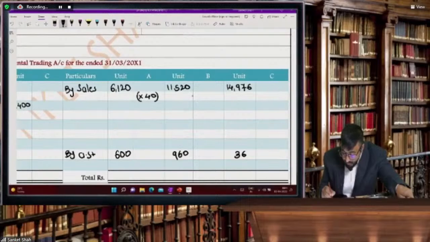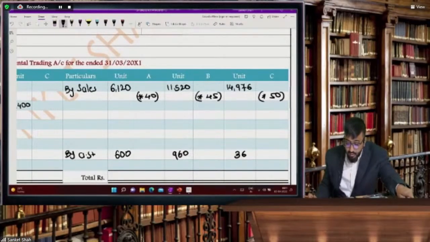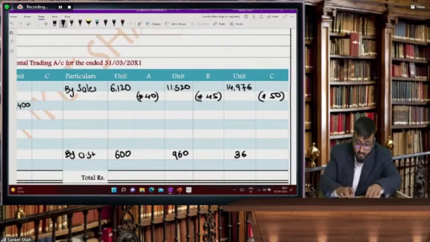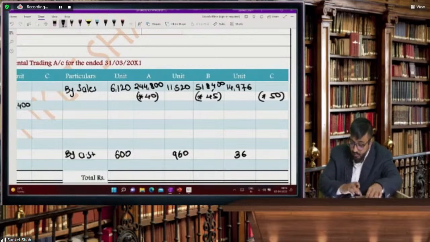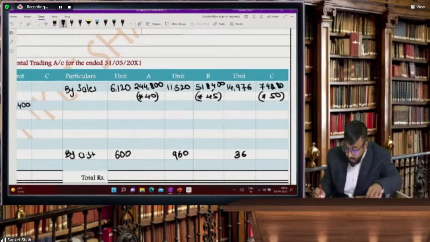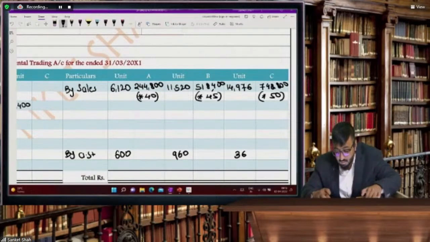Into 40 rupees, into 45, and 50. This is the selling price. Can you tell me the sales amount? 6120 into 40, use memory plus function, 244,800. 11,520 into 45, 518,400, and 14,976 into 50, 748,800. Okay.